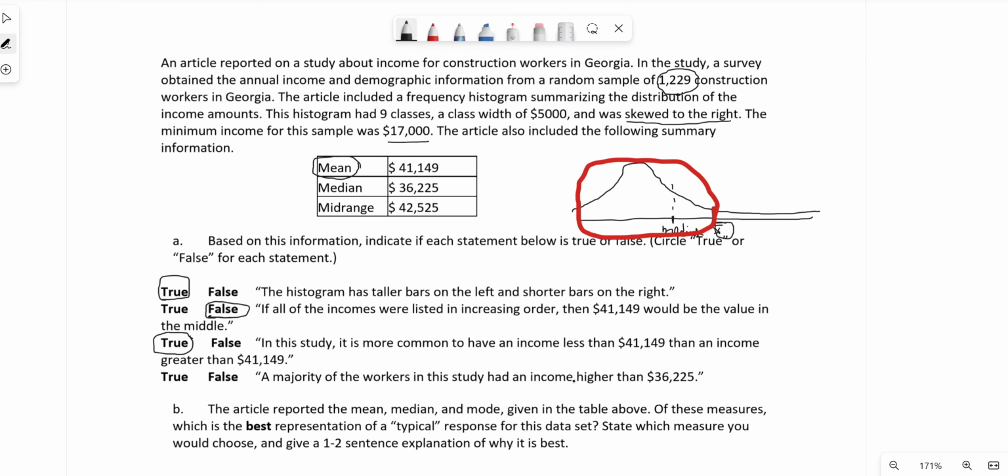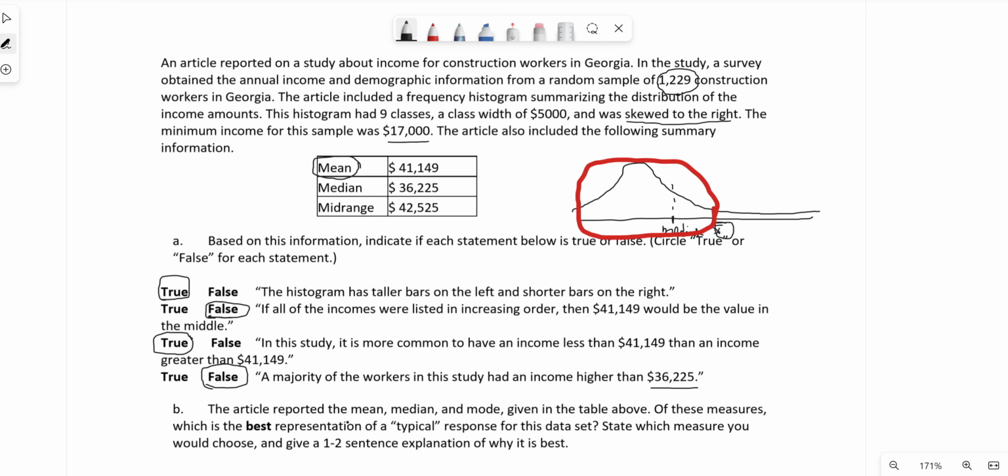To be the majority, you have to include more than half. So this statement is false because the majority of the values are not larger than the median value. That's not correct.